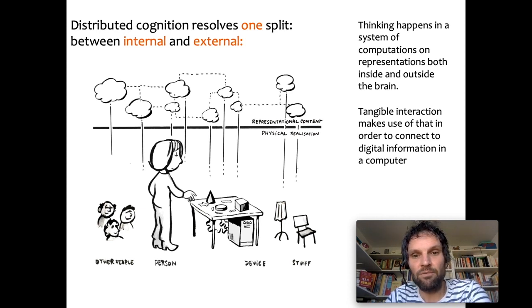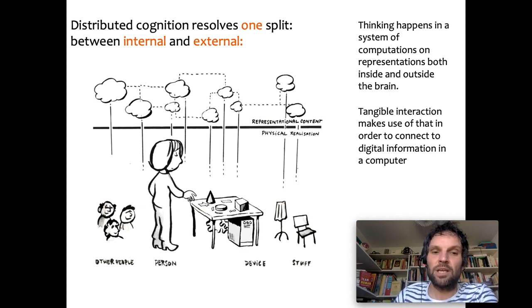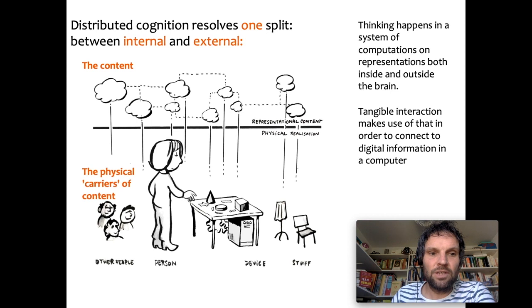So the information is physically realized not only in our brains, but also in the external world. The physical carrier of content is not just the brain, not just neural processes, but also moving about tangibles on a table is part of the cognitive process.